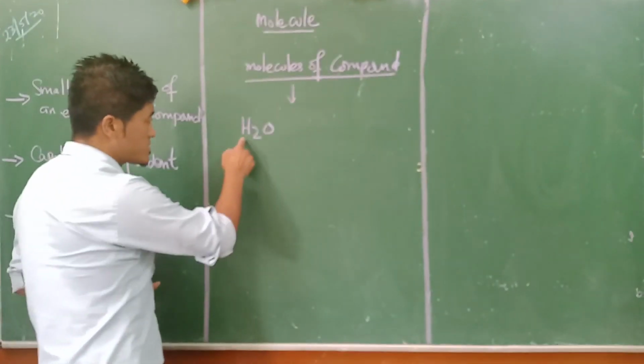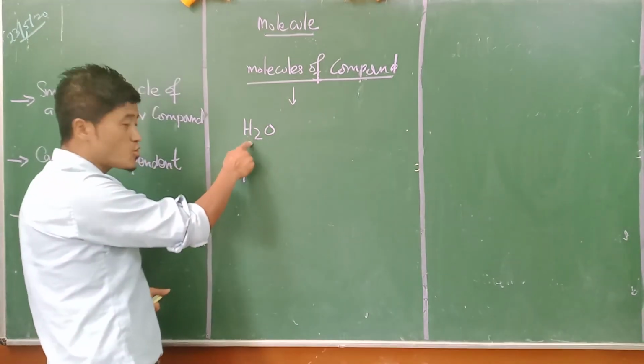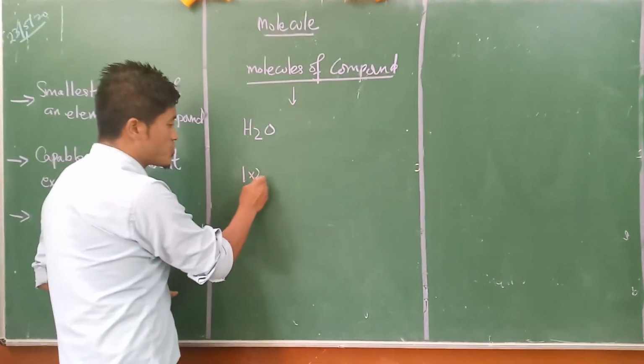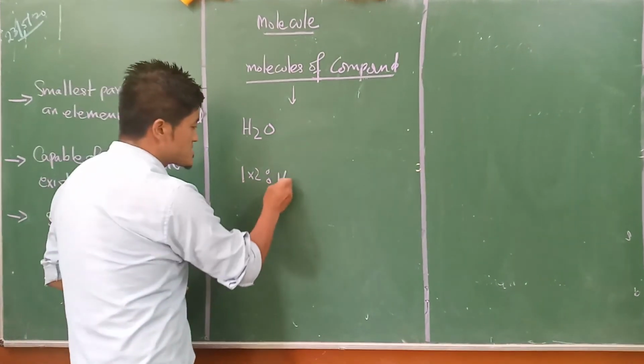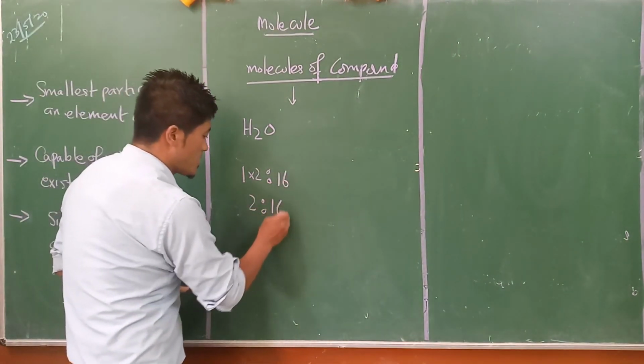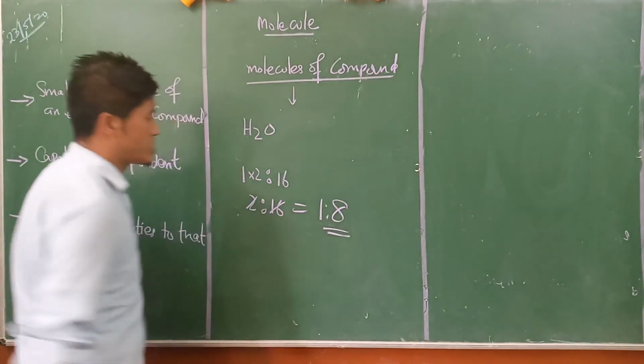The mass of hydrogen is always 1, and since there are 2 hydrogens, we take 2 is to the ratio of oxygen. Oxygen mass is 16, so 2 is to 16. We can cancel it, and it always comes in the form of a 1 is to 8 ratio.